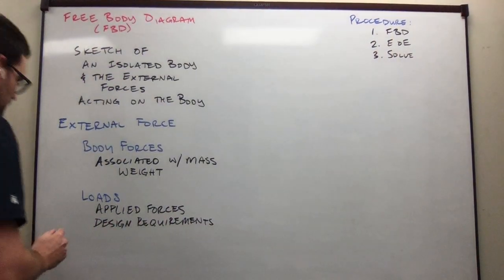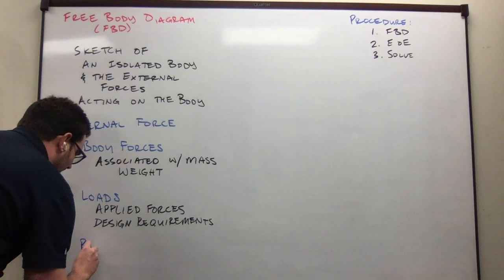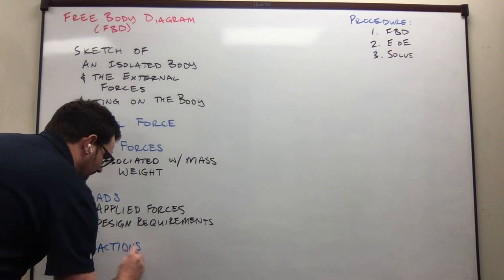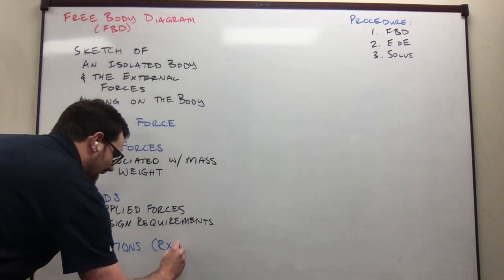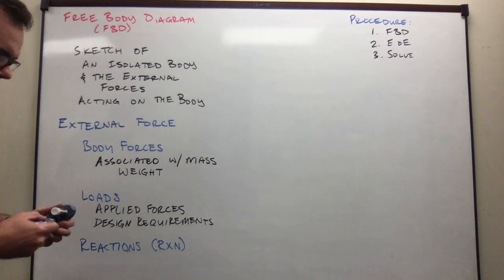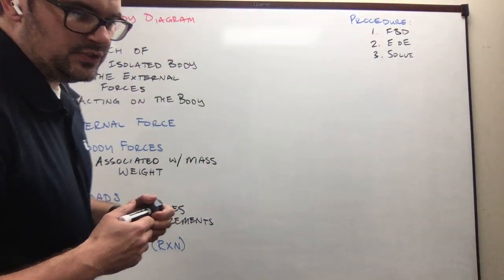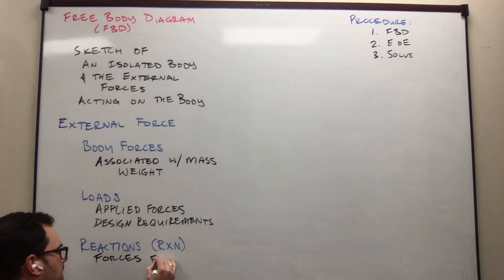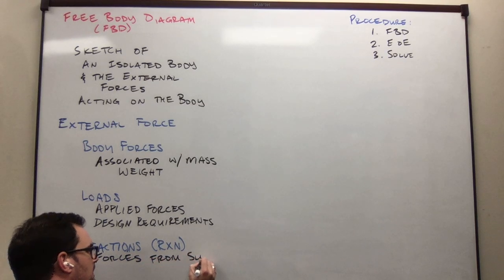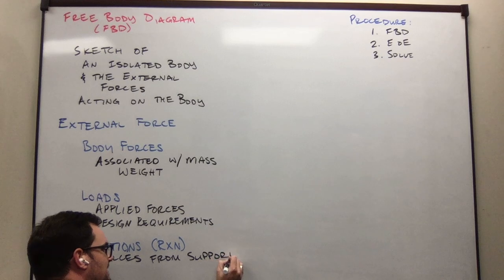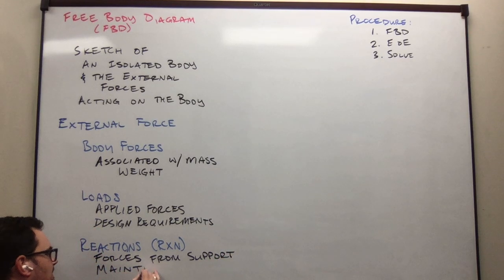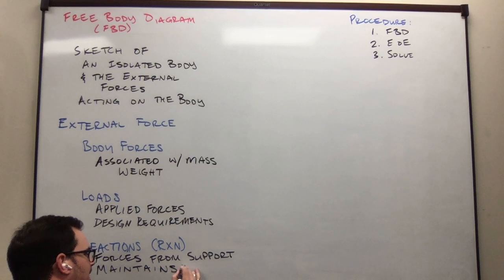The last external force class we might have would be our reactions. We're going to abbreviate reactions RXN, and our reactions are going to be forces from a support or condition or connection. So this is where our body touches the outside world, and this is what maintains equilibrium.